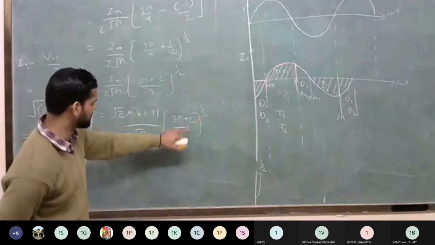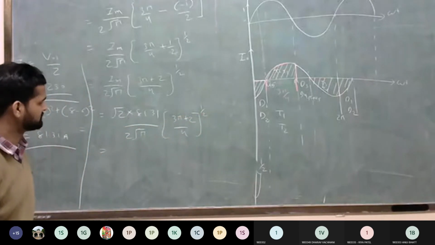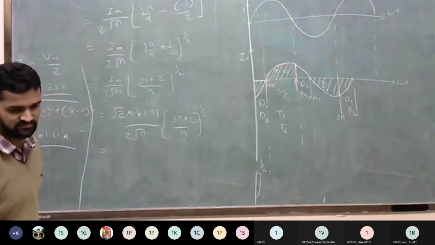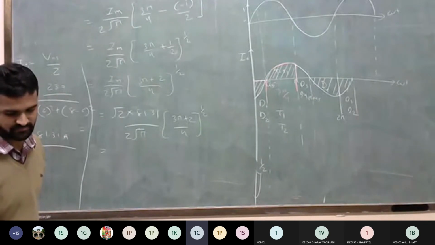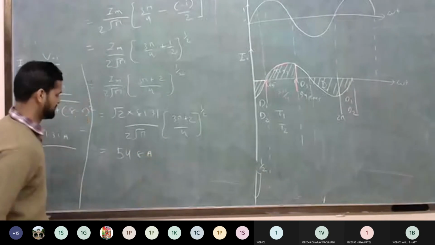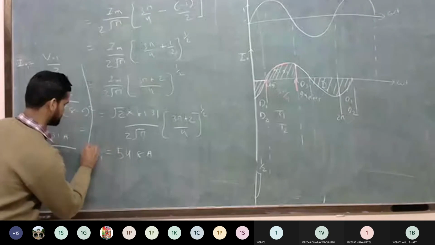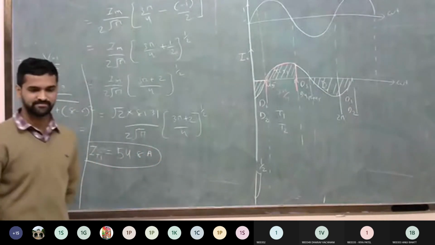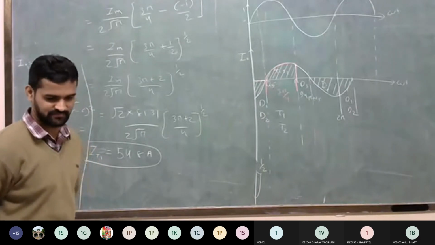Okay, see here this 3 pi plus 2 divided by 4, square root. Consider the value of pi as 3.14. 54.8, yes, very good. The answer is 54.8 ampere. This is the RMS value of thyristor current, the first answer. All of you get this answer? Is there any doubt?